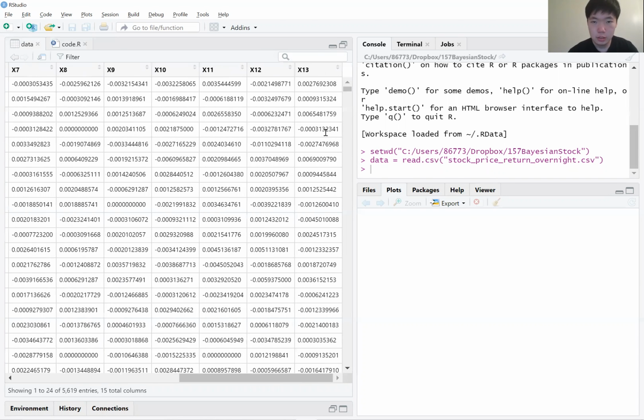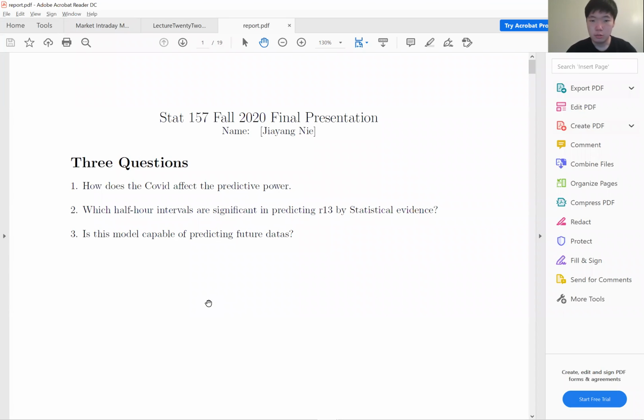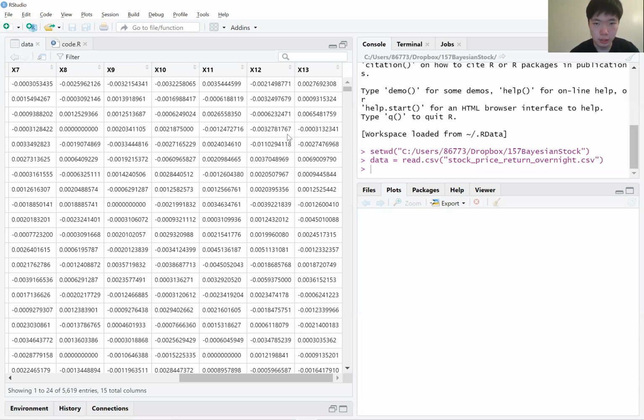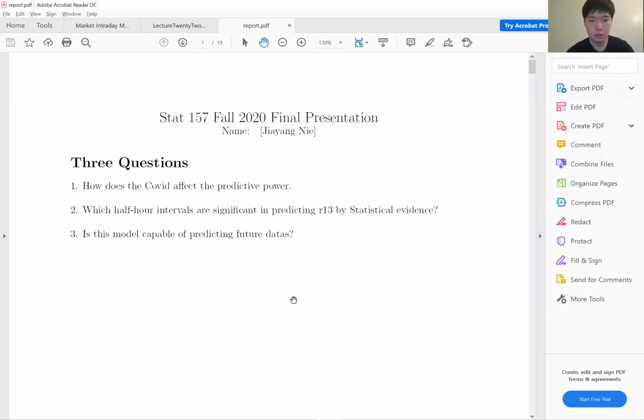For this project, I have 3 questions to ask. How does COVID affect our market, right? In my model, I'm trying to predict the last half-hour return by the previous 12 half-hour returns, and I'm asking how does COVID affect the predictive power?